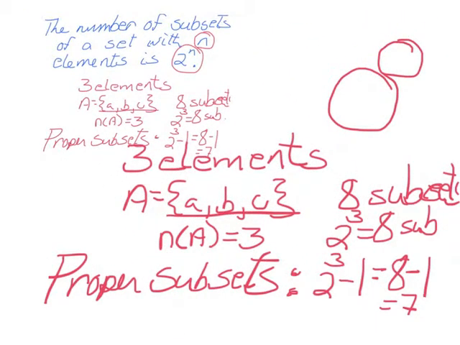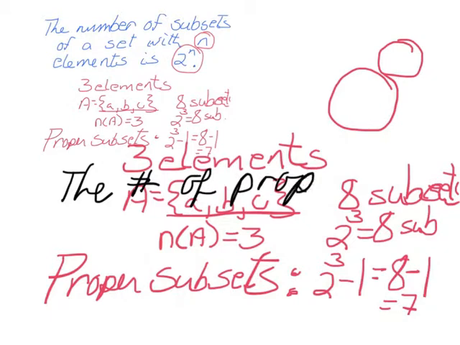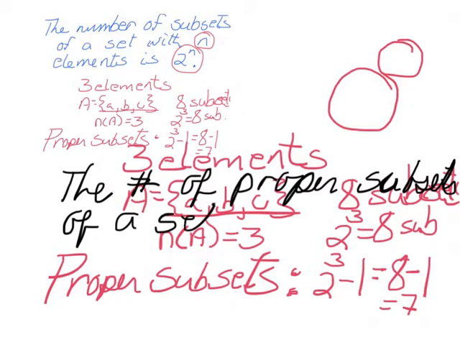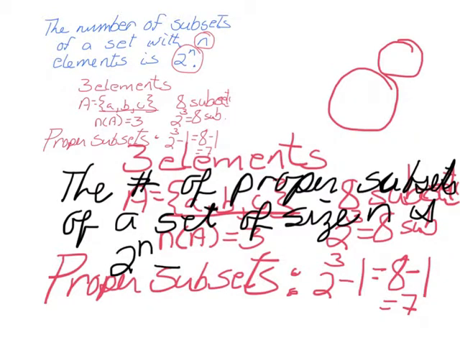The other theorem then that compares to this looks this way. It would say the number of proper subsets of a set of size n is 2 to the n minus 1.